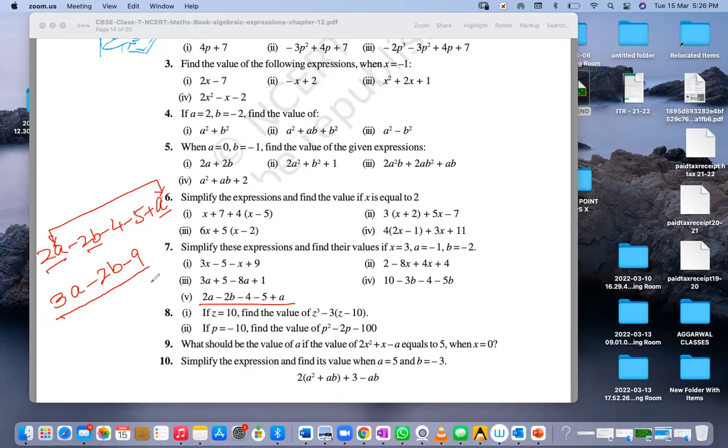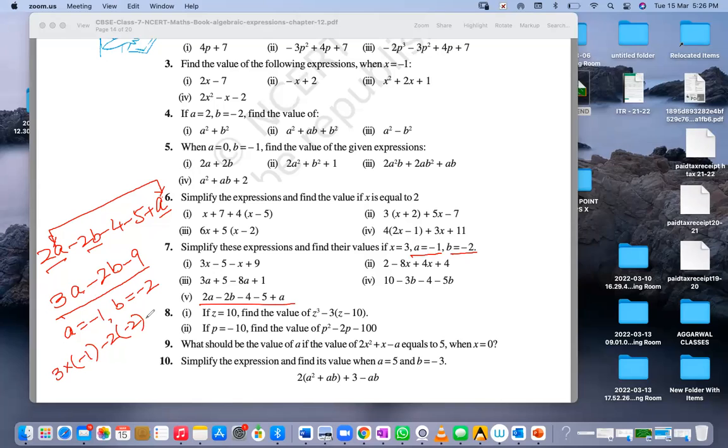So now you will look for what a is and what b is in the sum. This time a was -1, b was -2. So here a and b both are to be put. A is -1 and b is -2. Tell me the answer. 3 multiplied by -1. First you write like this.